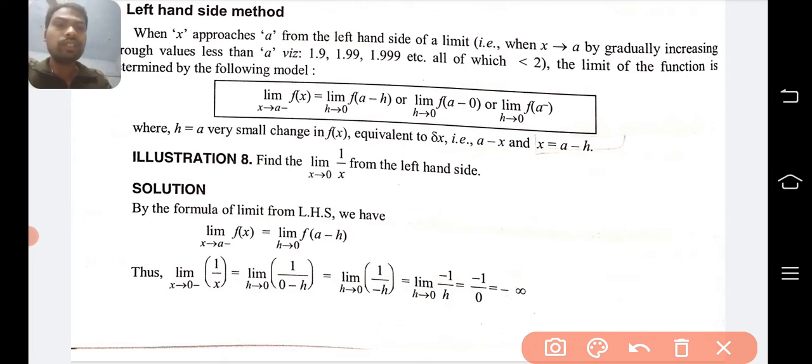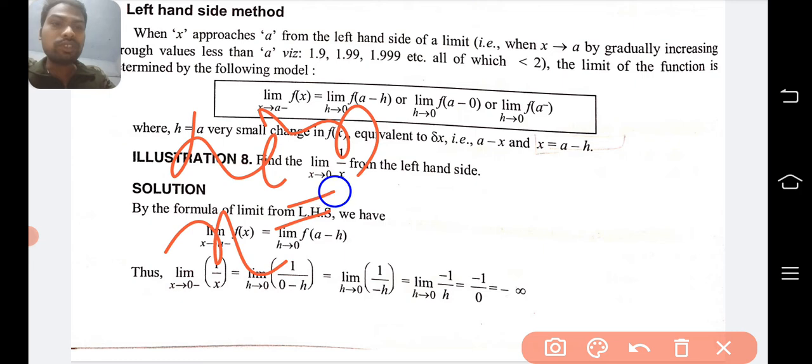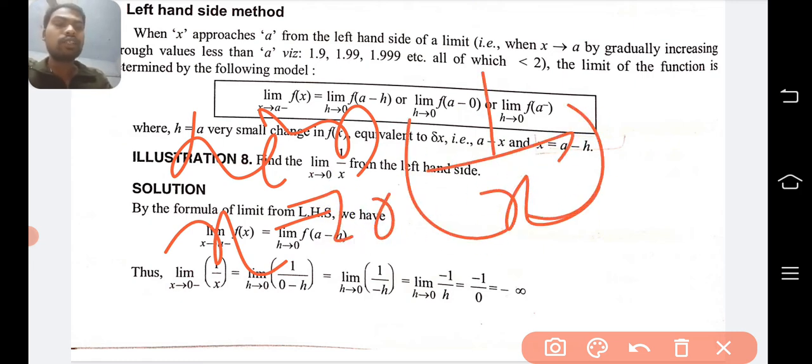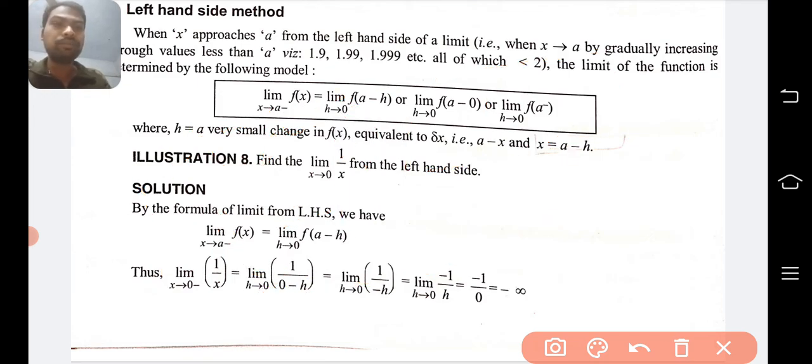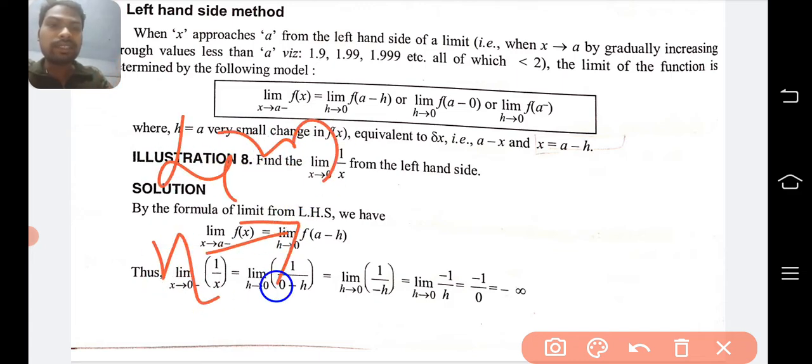Clear? So here we are given the limit x tends to 0 of 1 by x. Clear? So now we have to calculate the left hand side limit of this function. We are going to calculate the left hand side limit. Okay, so first we have to calculate in this way, x tends to a to the power minus of this function.